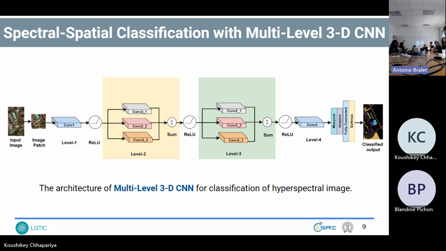In that level, I have considered different kernel sizes. If we talk about level 2, in conv 2.1, I have taken a kernel size of 3x3, in conv 2.2 a kernel size of 7x7, and in conv 2.3 a kernel size of 11x11.